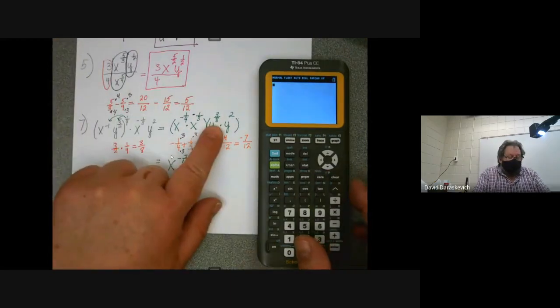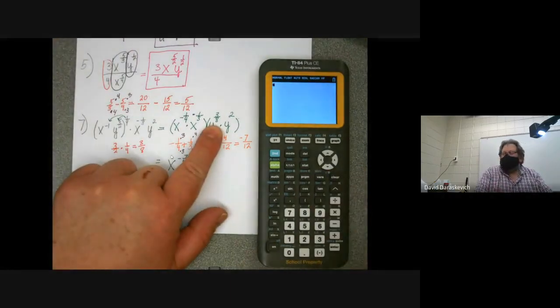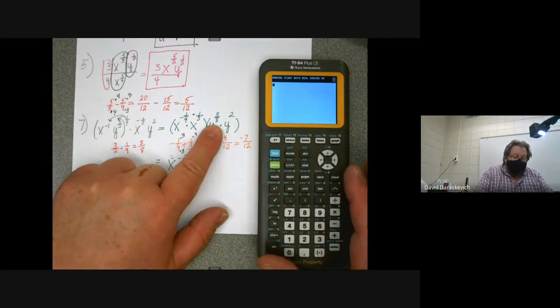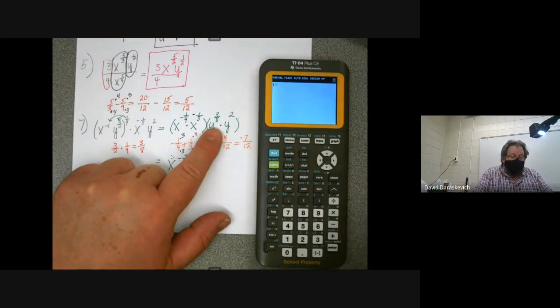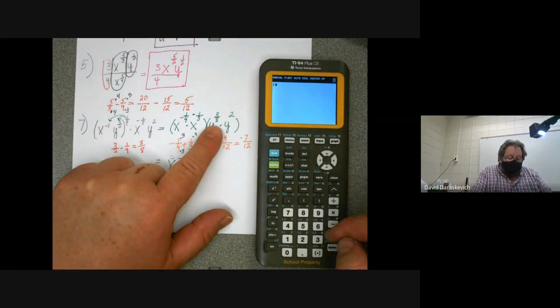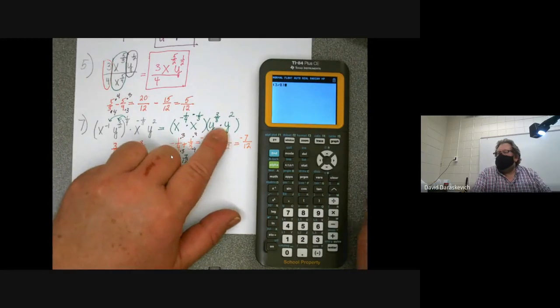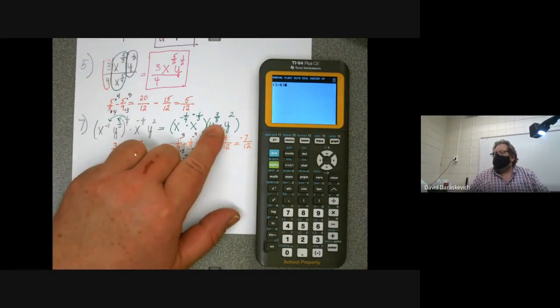I have my 3/8. I always put fractions in parentheses because your calculator is very, very picky about PEMDAS. It does it strictly. So I put them in, 3 divided by 8, in parentheses all the time so I don't mess it up. So I have 3/8 plus 2.